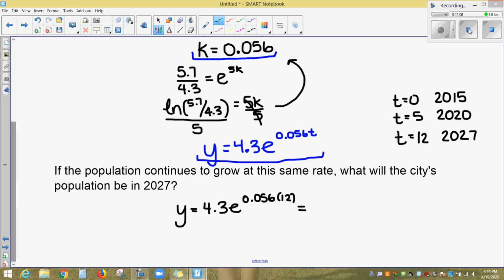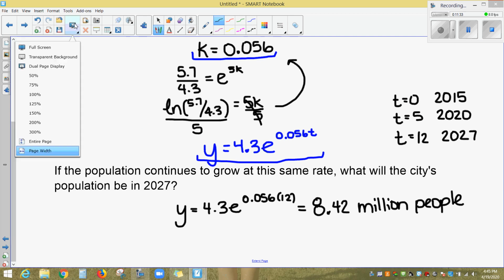Go ahead and pause the video, plug it in, and see what you get. My calculator tells me it will be 8.42 million people. Which is actually almost double, which means our doubling time is just a little bit more than 12 years, actually.